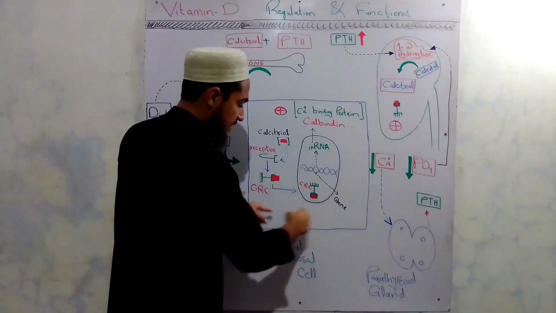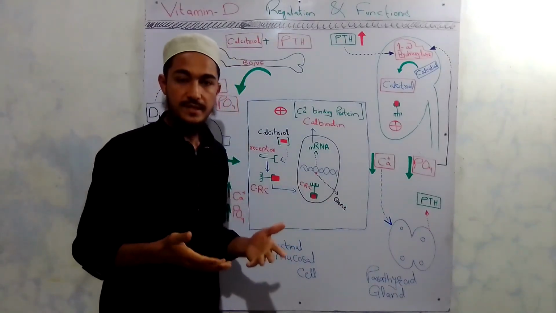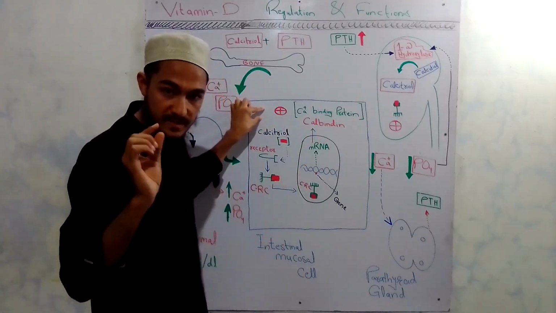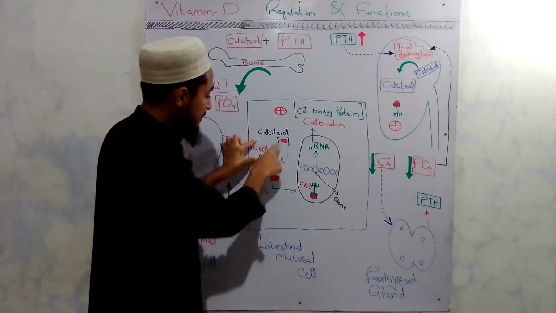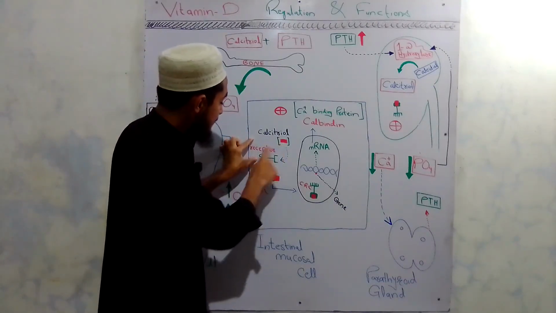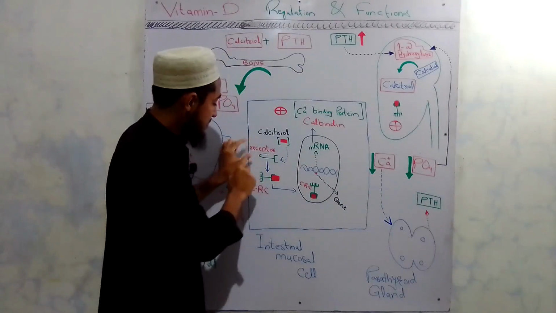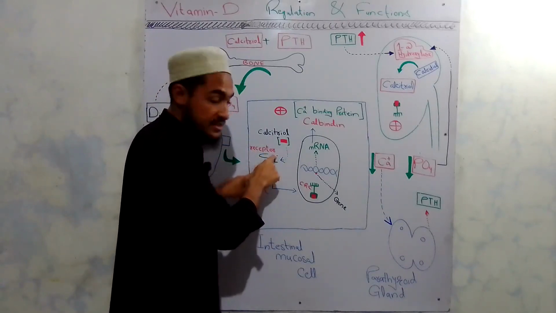In this intestinal mucosal cell there is a cytosolic receptor, which means that in the cytoplasm of this specific cell there is a specific receptor. Here is that receptor. So this calcitriol will bind with this receptor. Before binding, this receptor was inactive.